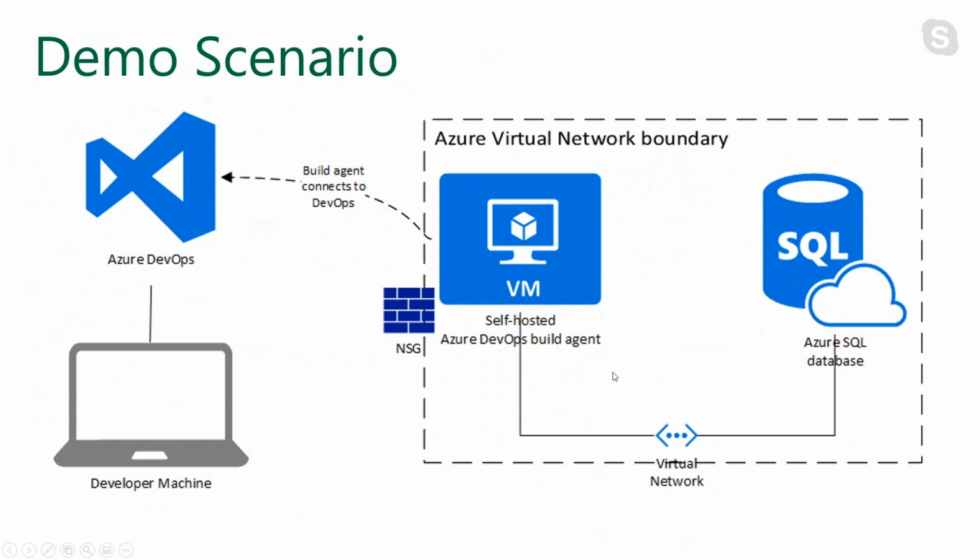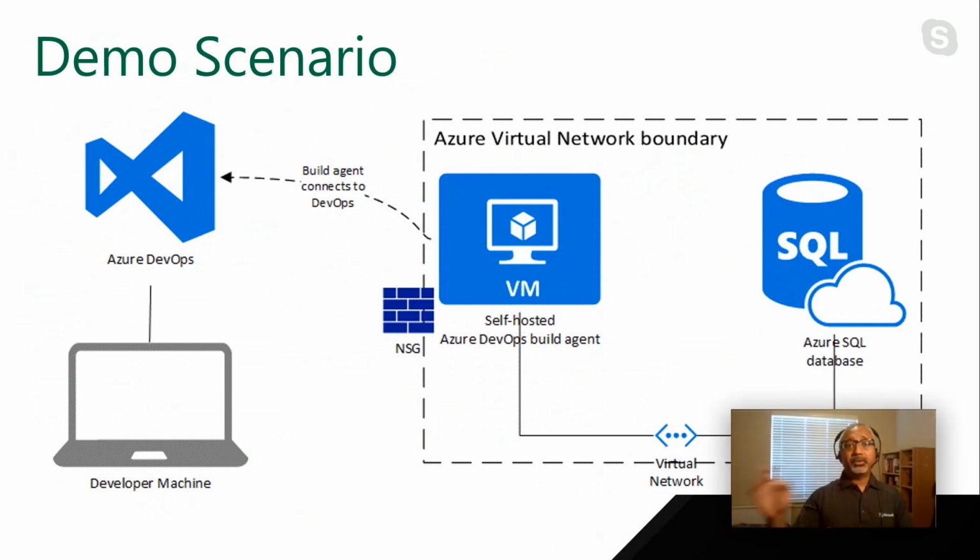A self-hosted agent is a neat feature in Azure DevOps wherein you can create a VM in your own private network. And sometimes you could have an agent on premises, if you're dealing with a hybrid deployment scenario where you want to have VMs on-prem and so on. The VM that I deployed is just Windows 2019, and it has the nuts and bolts which are needed to run Azure DevOps tasks.